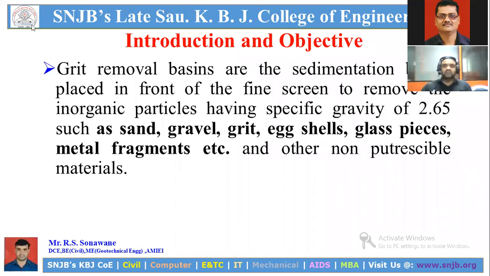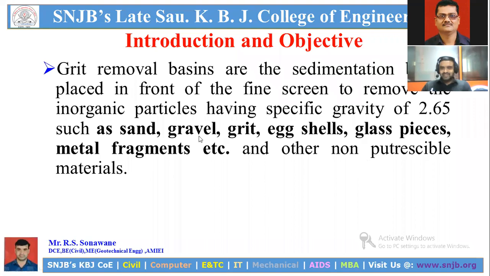Grit removal basins are sedimentation basins placed in front of the fine screen to remove inorganic particles having specific gravity of 2.65, such as sand, gravel, grit, eggshell, glass pieces, metal fragments, etc., and other non-putrescible materials.